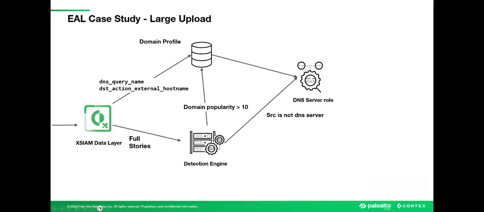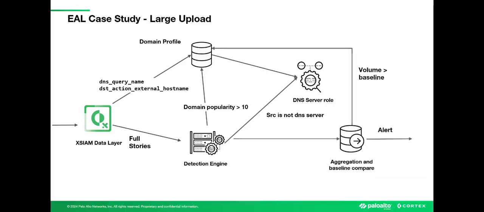So maybe a query to this domain is normal for a DNS server, but not normal for a workstation, for example. And then, after the query, a network connection is initiated to this FQDN. And then we have a file upload action here.